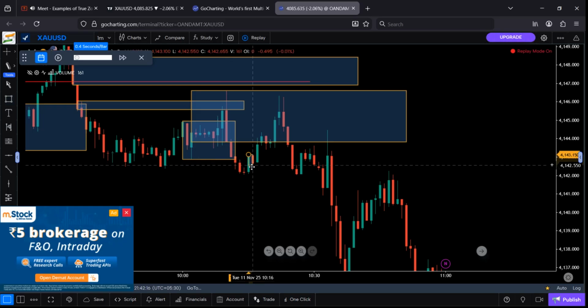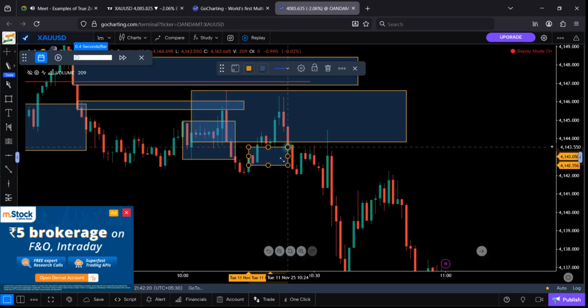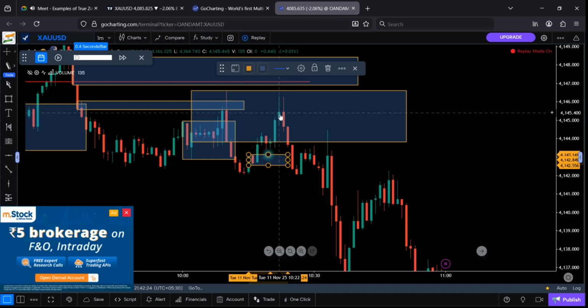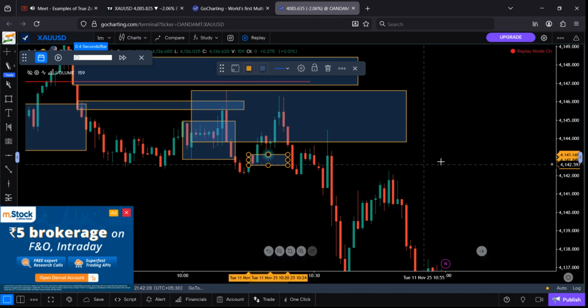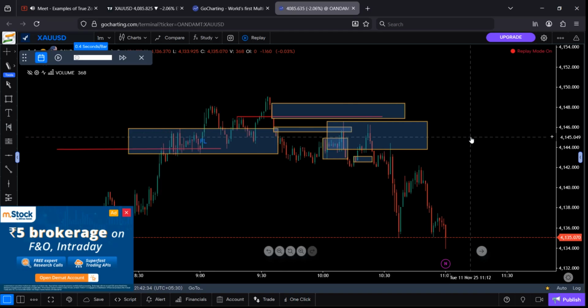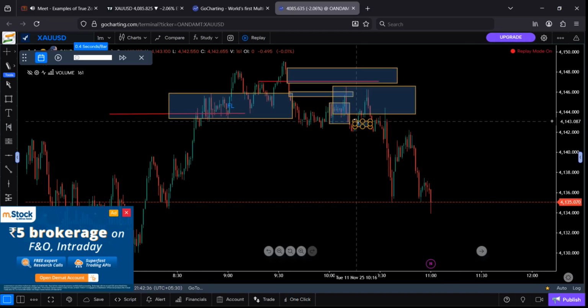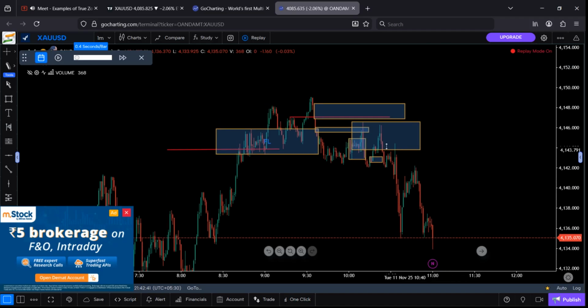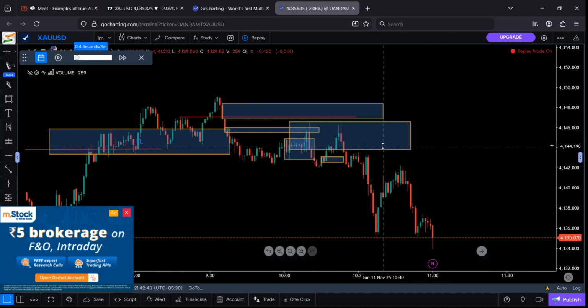So are we getting 1:2 here? If we enter this TP, we will get 1:2 or not? No. So we will not take this trade, right? Even if price fell from here, we will not take this trade as we don't know what will happen in future.